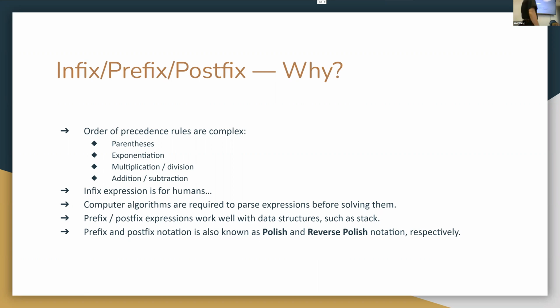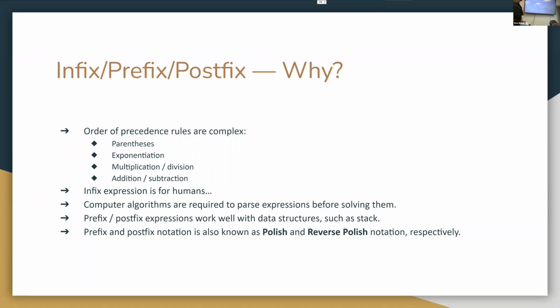So postfix and prefix expressions work very well with things like a stack. And a stack is something like a bucket: you put something in, you can put multiple things in there, and when you want to take them out, you have to take the top one first. You can only get to the top one because this is like a barrel, and there's no way for you to dig into it to get the bottom.